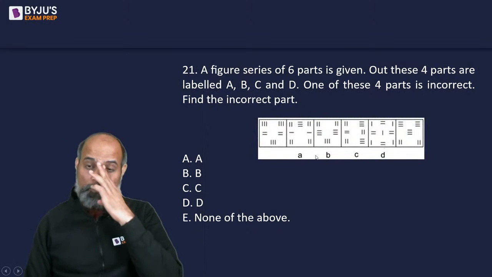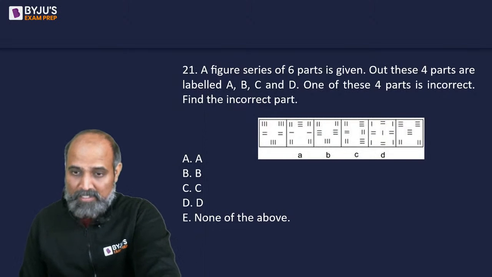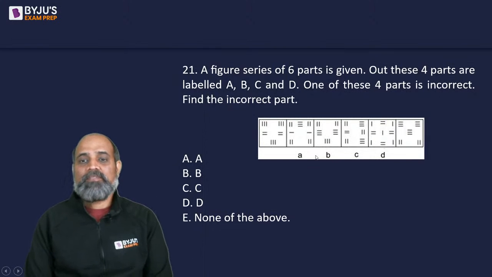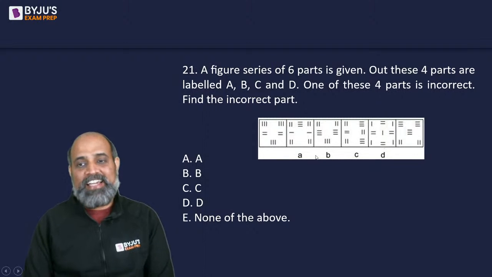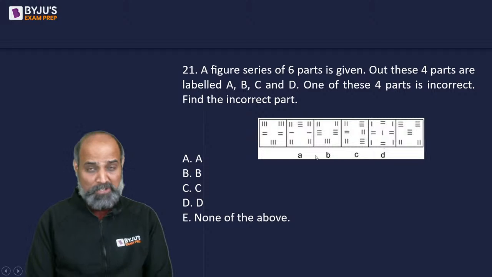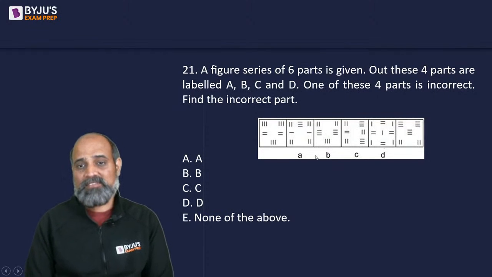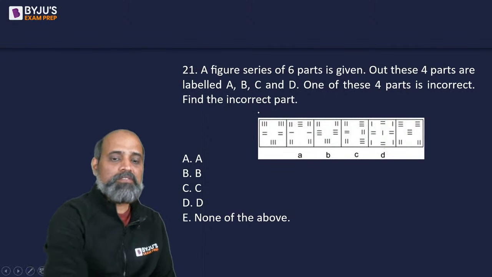Very good. So people who were able to figure out D, अच्छा D की बात कर रहे हो? अच्छा. Please also write why D. Why? Because it is symmetrical and none of the other figures are symmetrical. That's why. Other figures are also symmetrical.